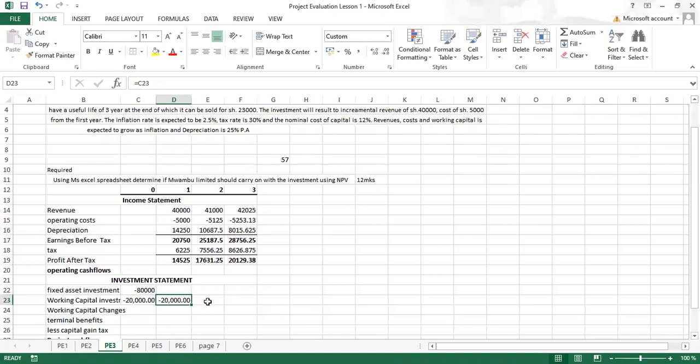So inflation will start from year 2, equals this one, shift open bracket times shift open bracket 1 shift plus 2.5 shift percent, control enter. And you do also the working capital changes, previous minus current, current minus previous, I mean.